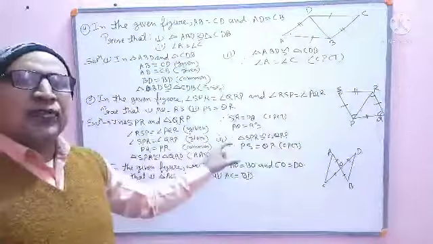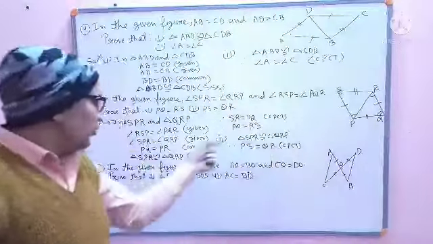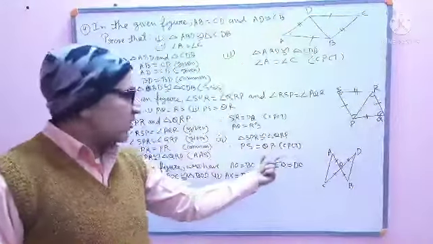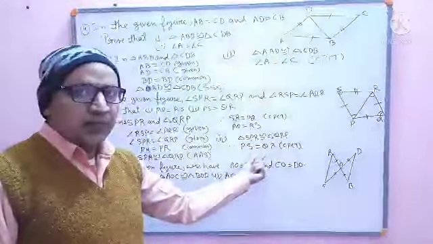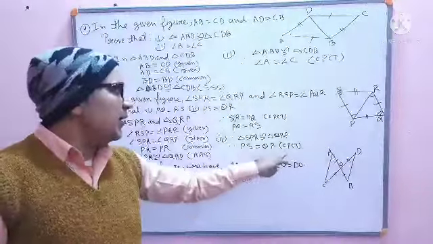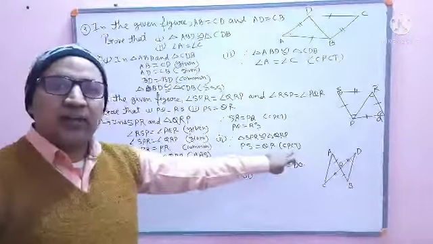This is the method of writing. Since these two triangles are congruent, you have proved above, so their parts will also be equal. Just write the triangles congruent, so these two are equal. Reason is given in the bracket, corresponding part of congruent triangle.